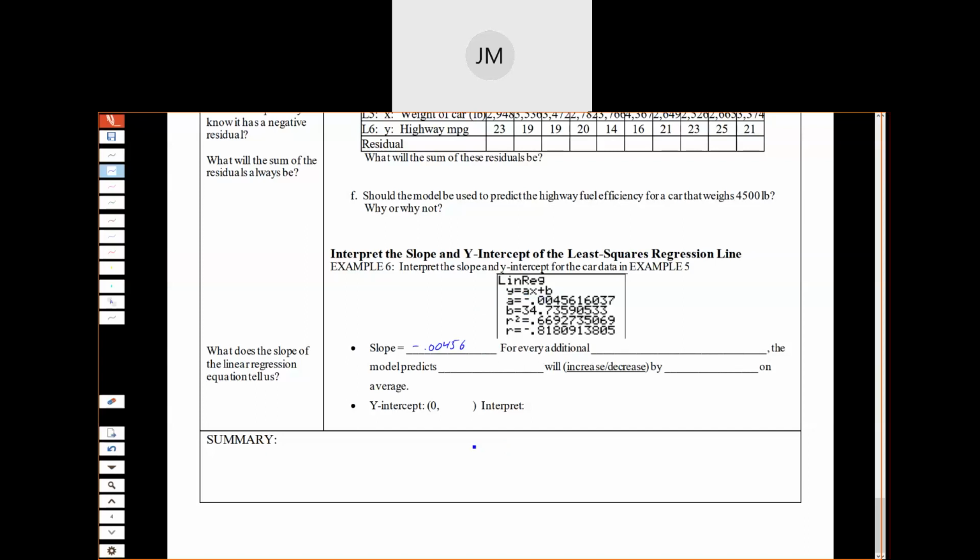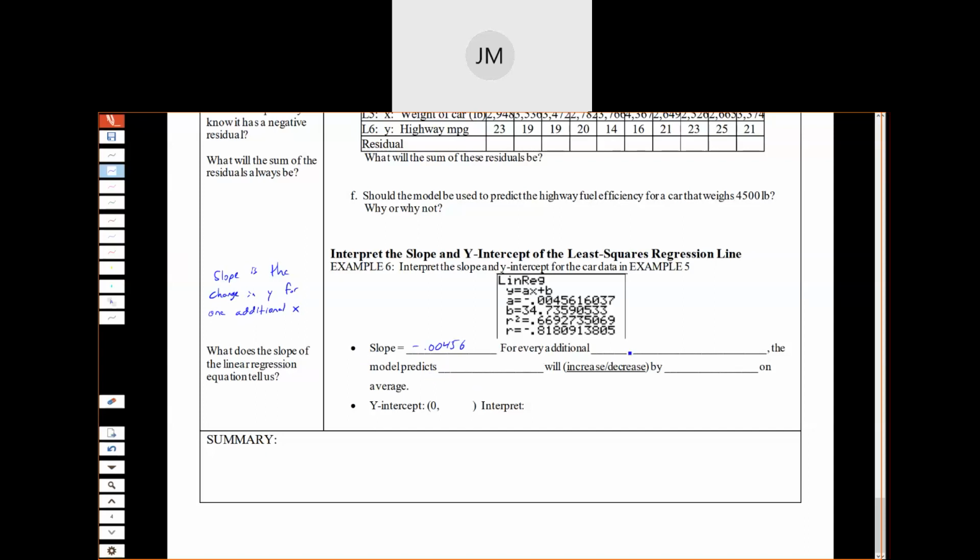So the way to think about slope is going to be the change in y for one additional x. So in this case, our x value is a pound of car.